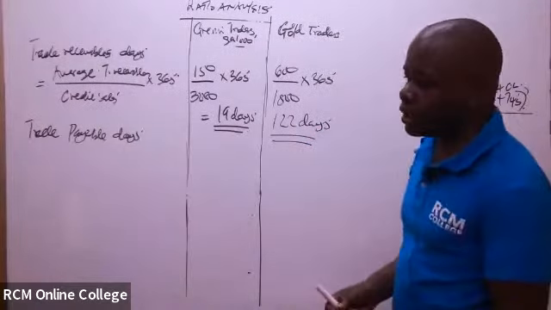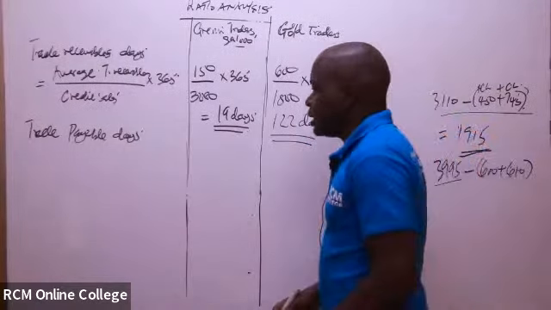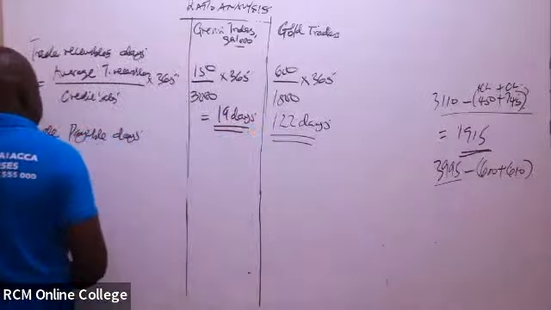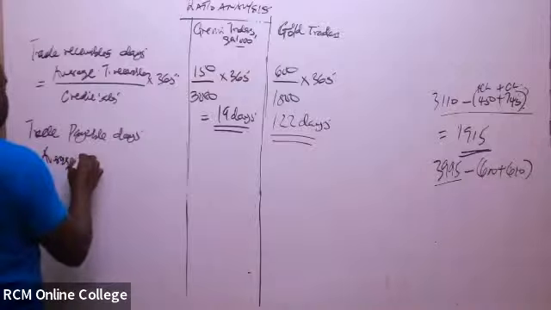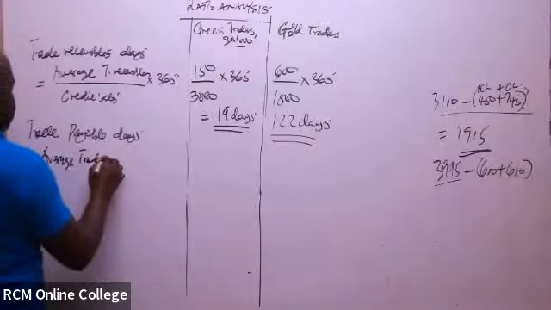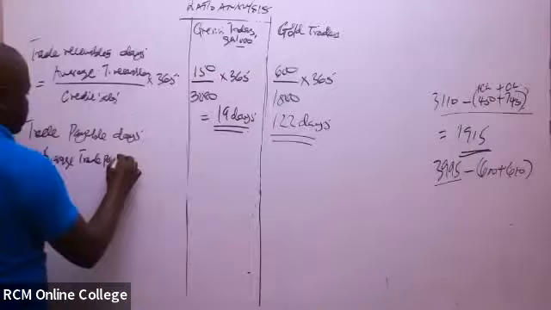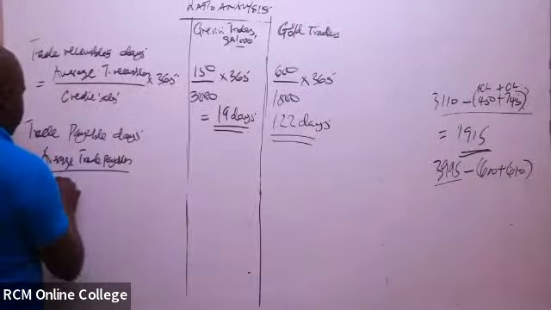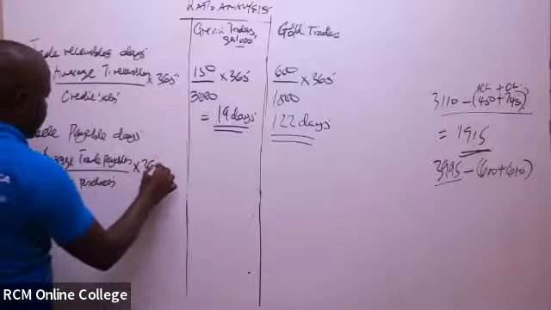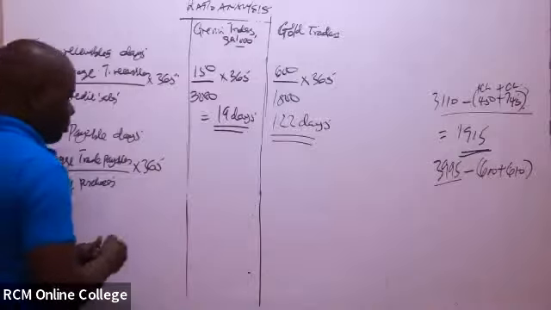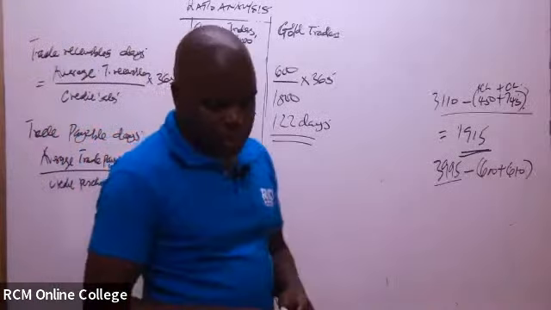Average trade payables over credit purchases, multiplied by 365.